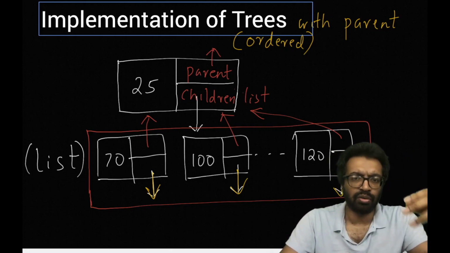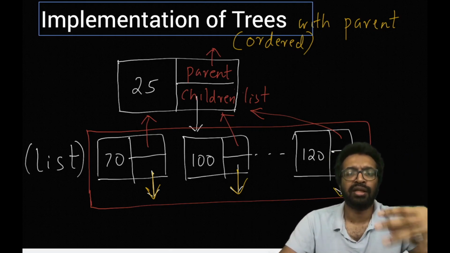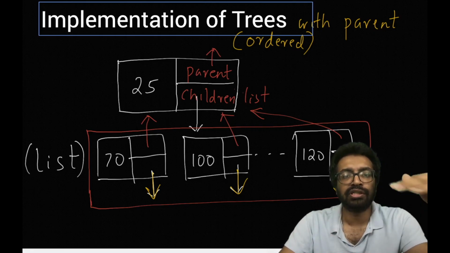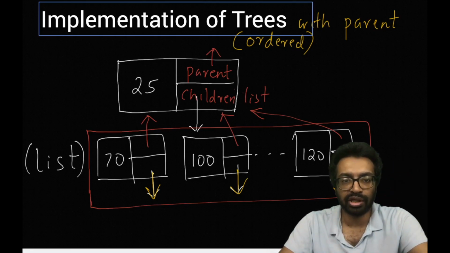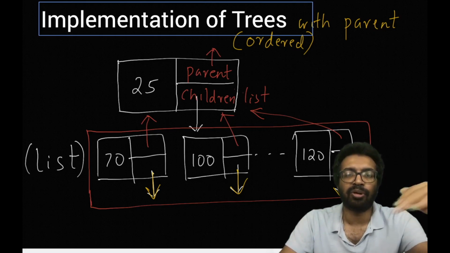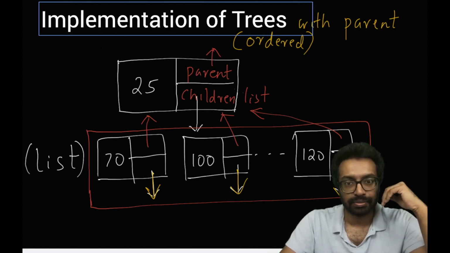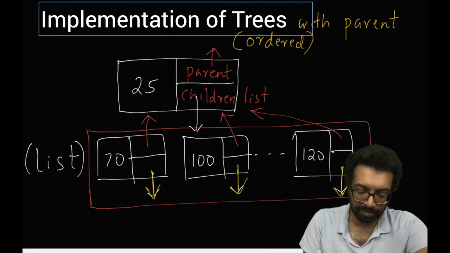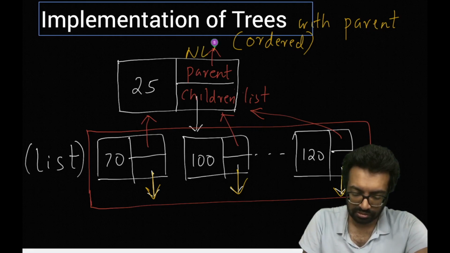So now a vertex of a tree has three different types of data. One is the value which is stored in the node, and here it's integers, the second is a pointer to a list of children, and the third is a pointer to a parent, right? So if there is no parent, as in the root, what should the parent value be? This is null, right?